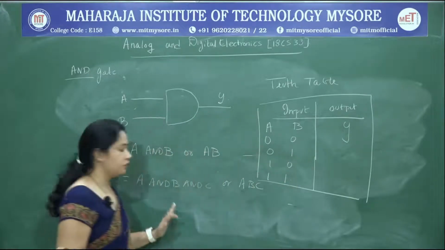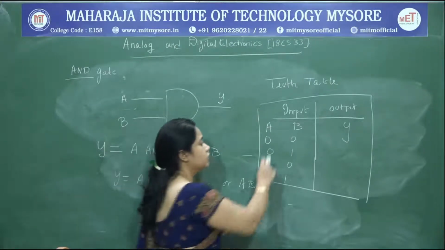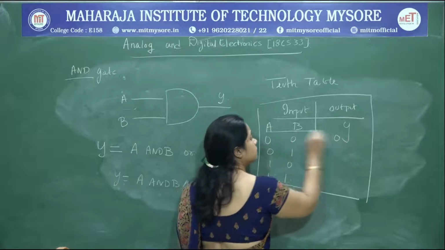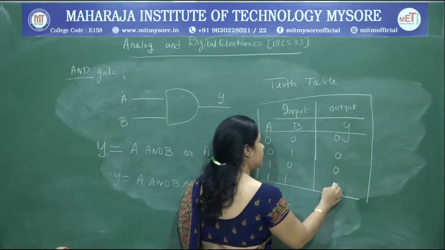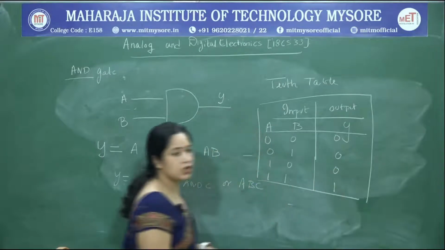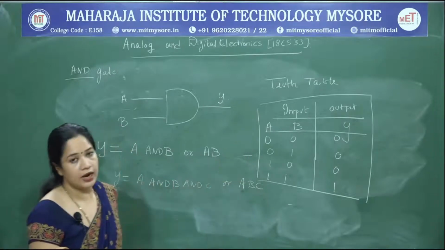As discussed, the output is 1 only when both A and B are 1. So 0 0, the output is 0; 0 1 is 0; 1 0 is 0; 1 1 is a 1. So this is the output truth table for a 2 input AND gate.